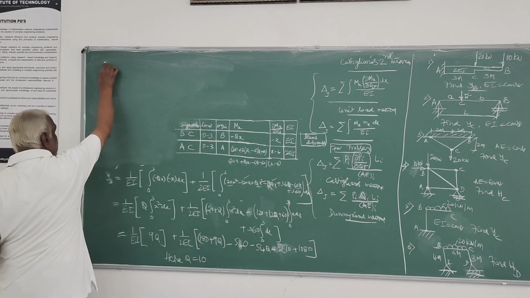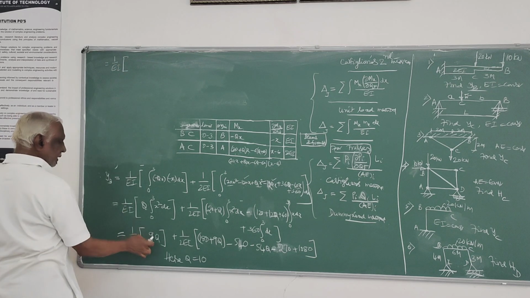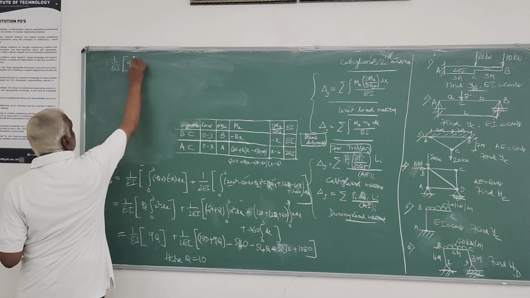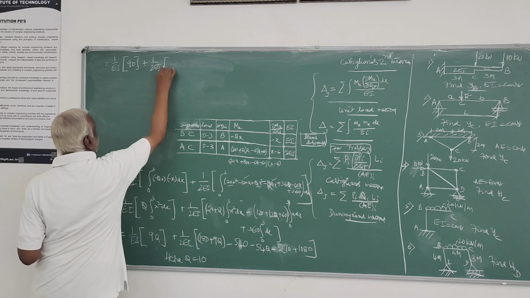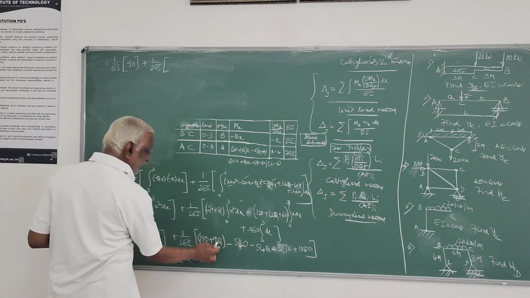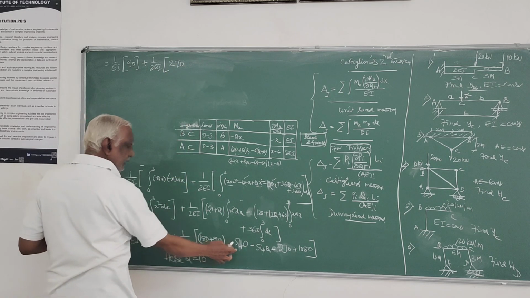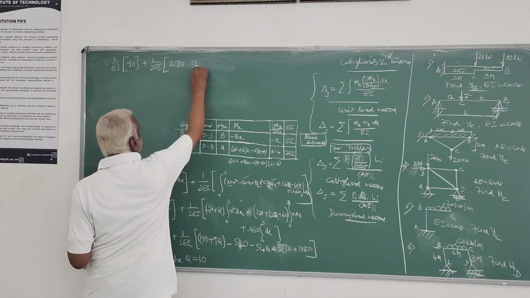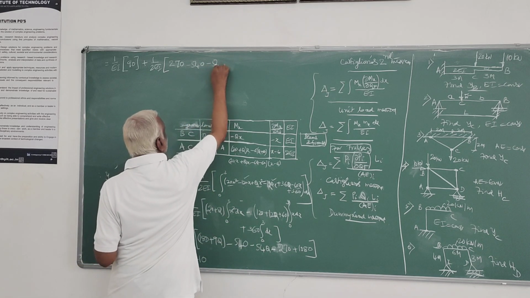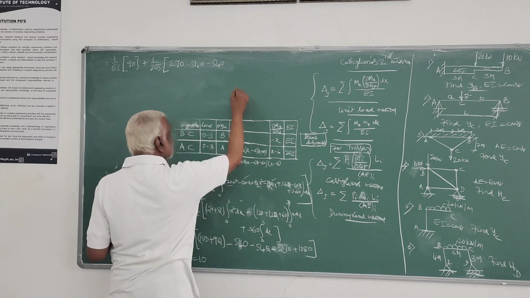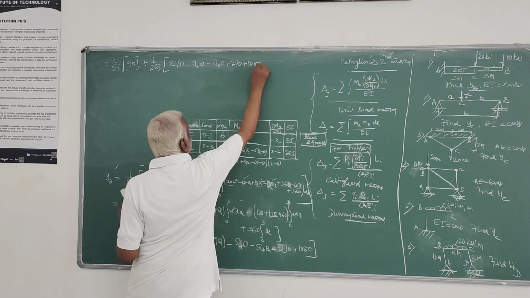So that is equal to 1 over EI into 9 into 10, 90. Then plus 1 over 2EI into, this is 90 plus 180, that is 270. Then minus 540, minus 270, then plus 270 plus 1080.